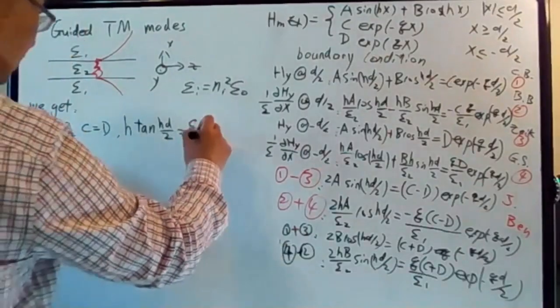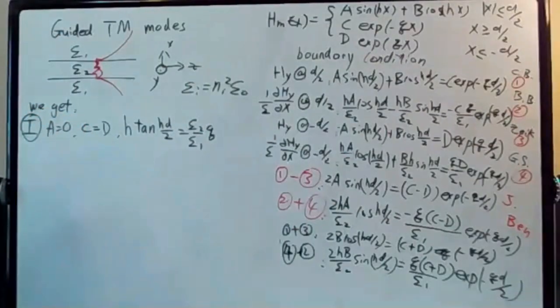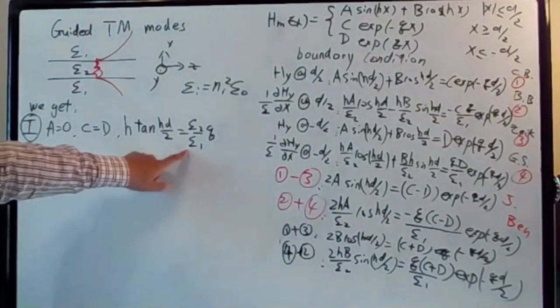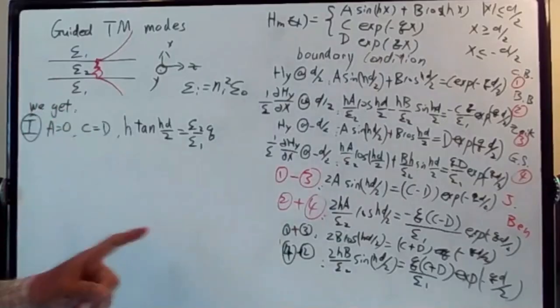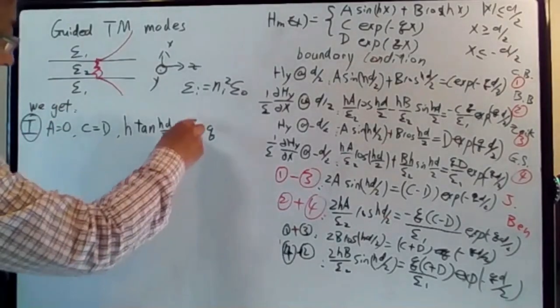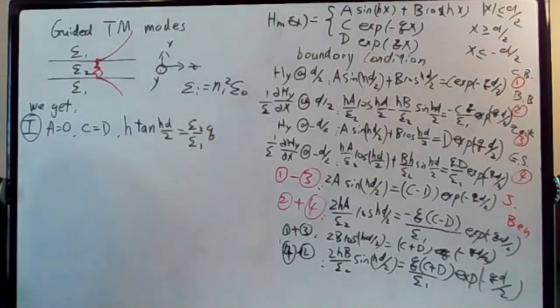So this is the equation for the TM mode. Note that the difference is only this epsilon.